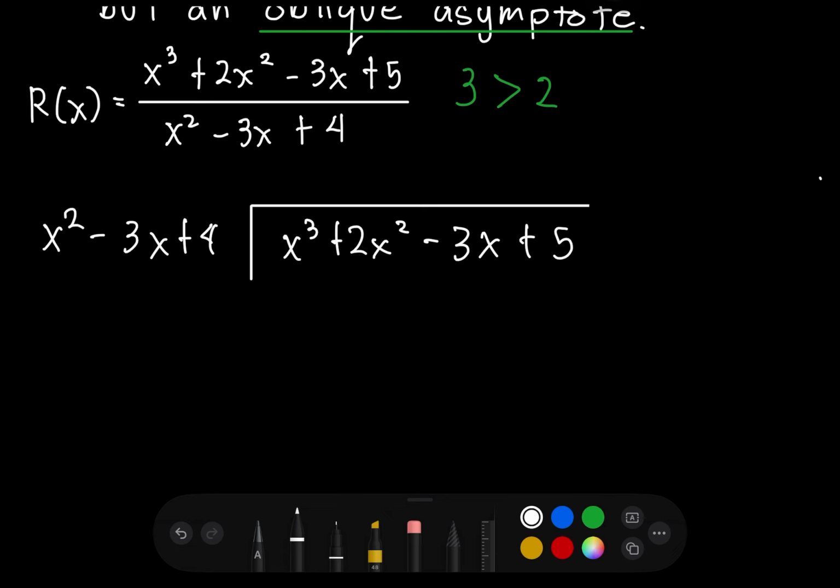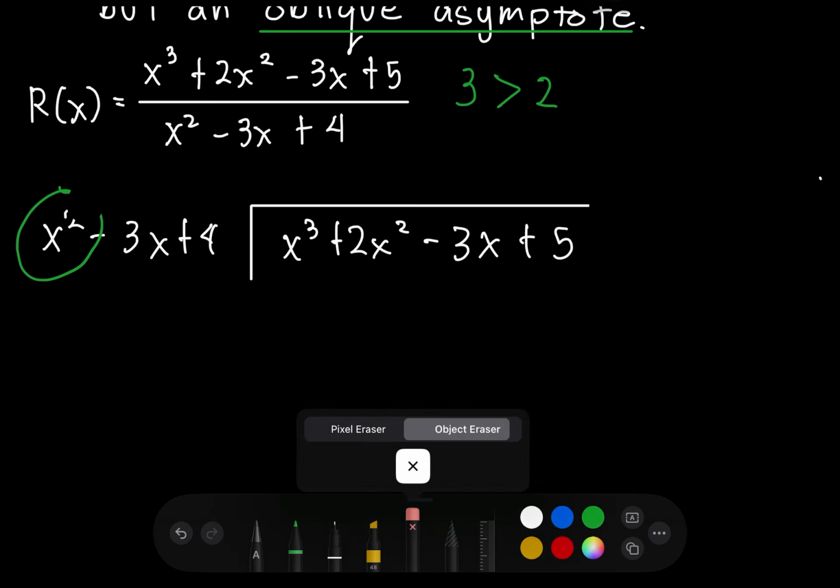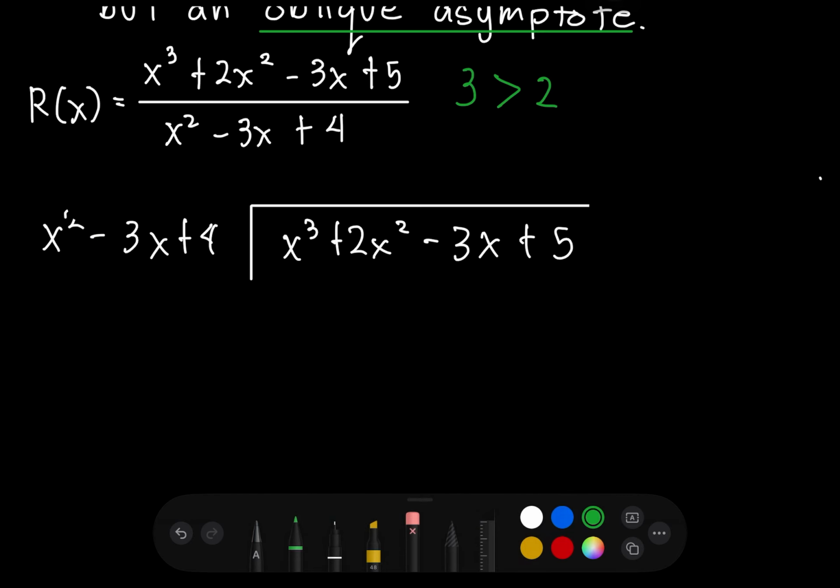Okay. Let's just focus on the leading term nung nasa labas, which is x squared. That is only the value that we should divide inside. Okay? Then the rest, multiply na lang. So, paano yun? If that is x squared, let's divide it on the first term of our inside.